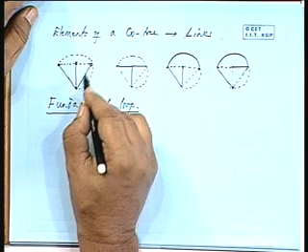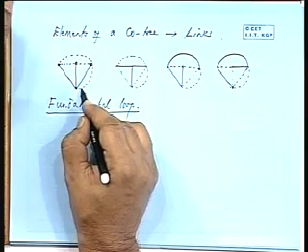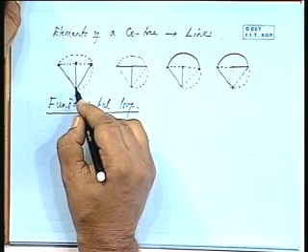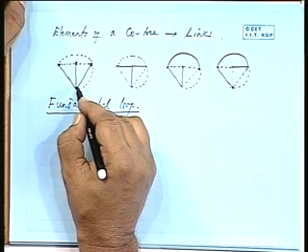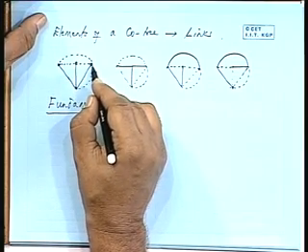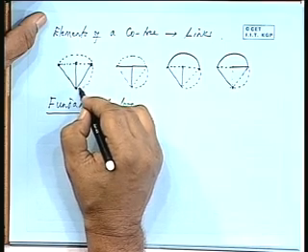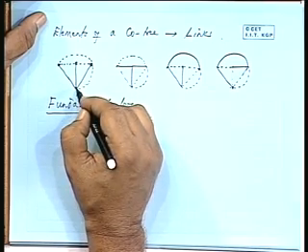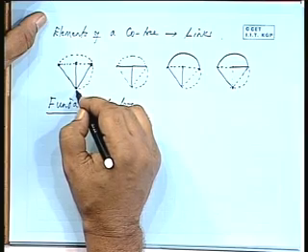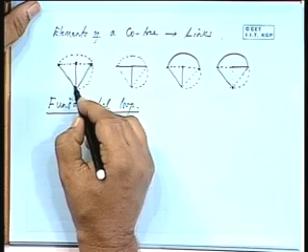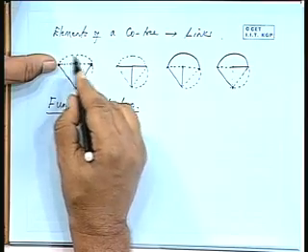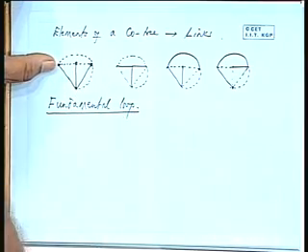The loops consist of that particular single element and the other necessary edges of the tree to form that loop. That means the particular link is closing a loop, and that is a fundamental loop. This will not be a fundamental loop. A fundamental loop will consist of only one link. This may be a loop, but it is not a fundamental loop because there are two links. You take one link at a time, whatever loop is formed, that is a fundamental loop.